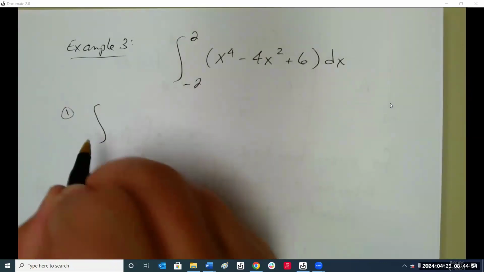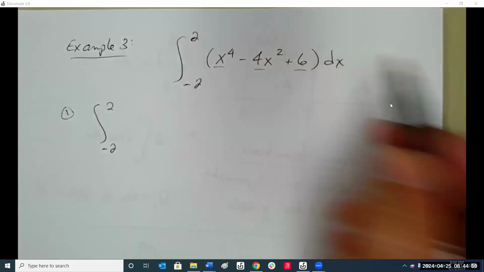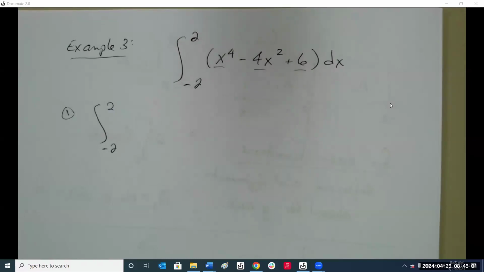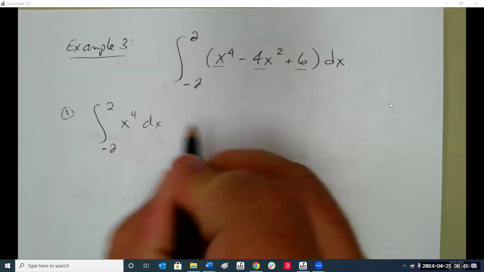So we have from -2 to 2, because these are all addition and subtraction, we can separate them. We could treat them all separately.